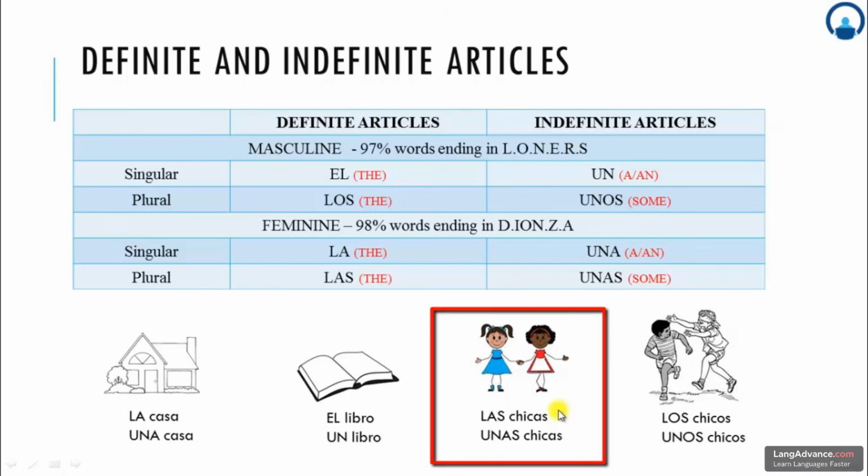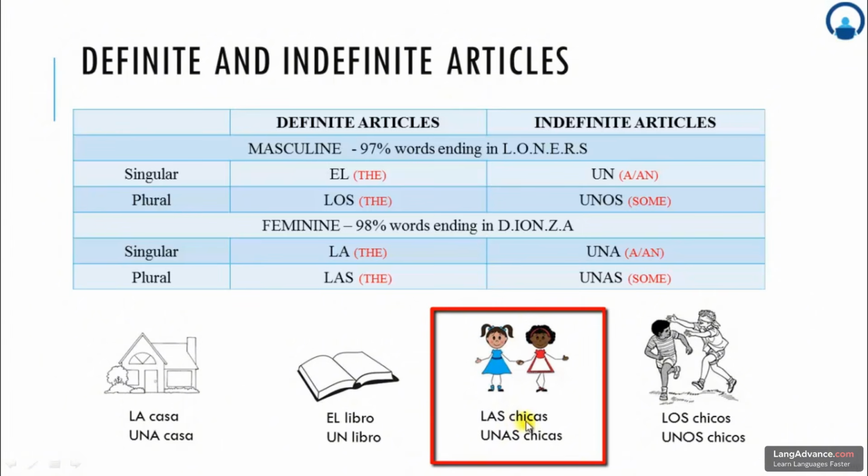So you have to eliminate the ending s or es of that word and then check what comes in the end of that word. So over here, since it is plural, I'll remove the s and see what is in the ending. And we have got a in the ending. So that's why it is a feminine word, that is chica.